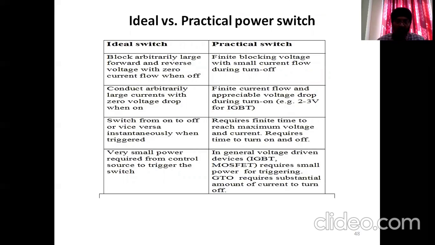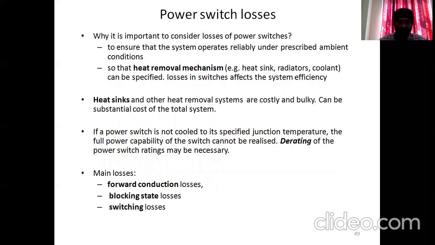So this is the comparison we have already discussed. Now, after we know what the ideal requirements of a switch are, and what the practical, actual variations of these parameters in switches are, how do these variations of practical switches occur compared to the ideal requirements?